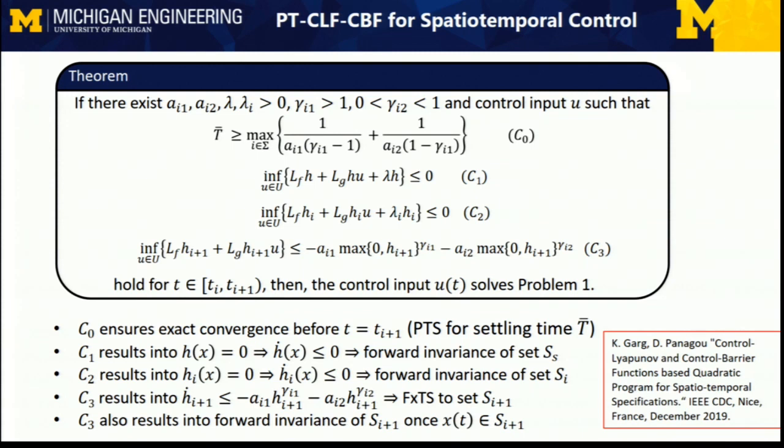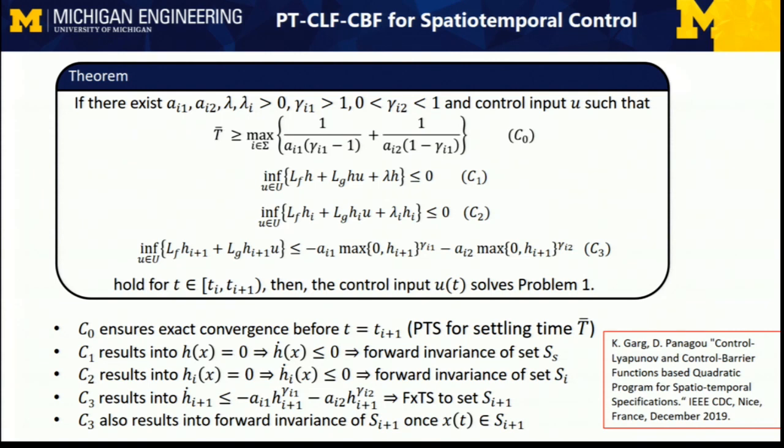And what are those conditions? What do we pose here? We pose that you can pick a user-defined time that is lower bounded by the fixed time settling time, in order to have this convergence before the user-defined time.